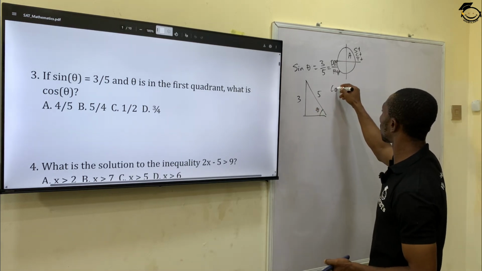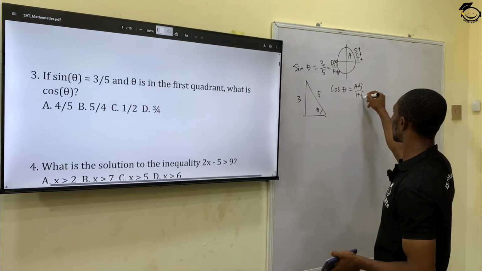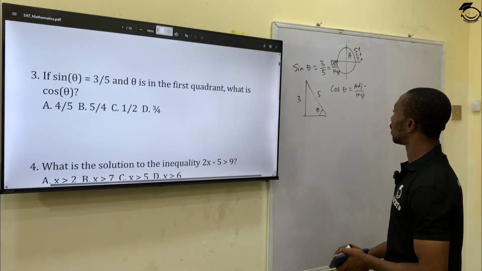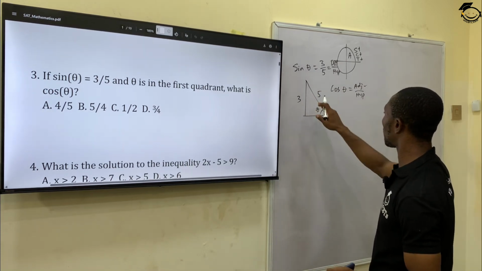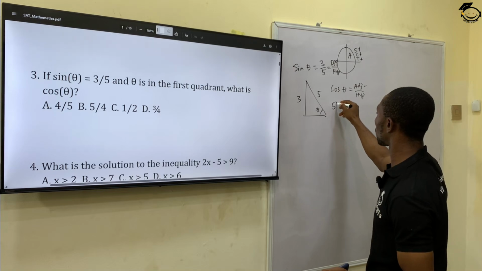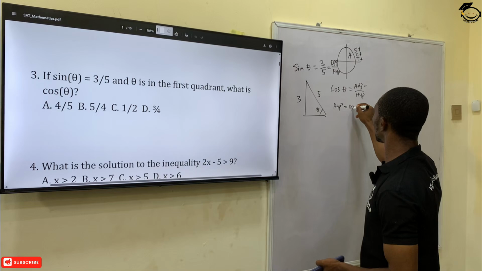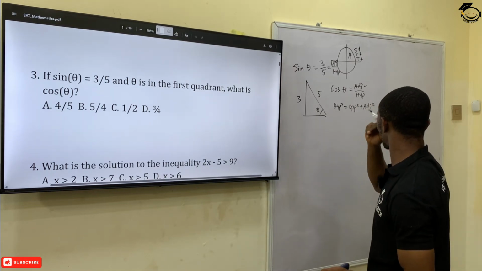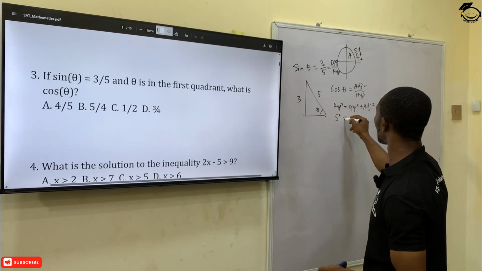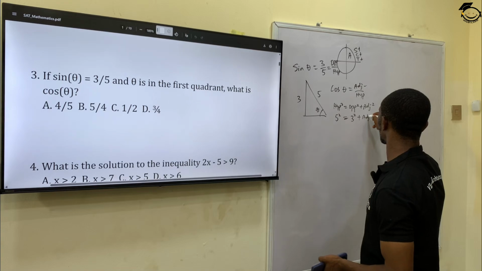We know that cos theta equals adjacent over hypotenuse. So we need to find our adjacent. In order to get it, we apply Pythagoras theorem: hypotenuse squared equals opposite squared plus adjacent squared. So 5 squared equals 3 squared plus adjacent squared.